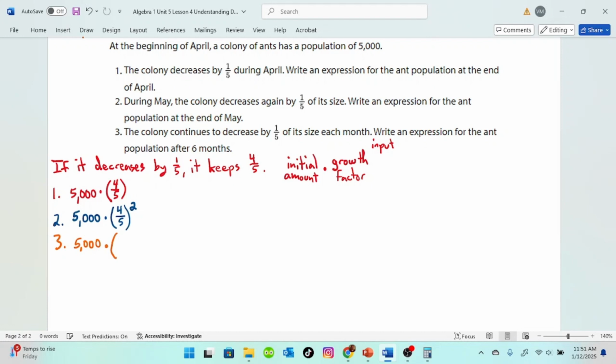But now we need to continue multiplying by that growth factor of 4/5, but the exponent now needs to be changed to 6 because it's been 6 months that this population has kept 4/5 of its population each month.